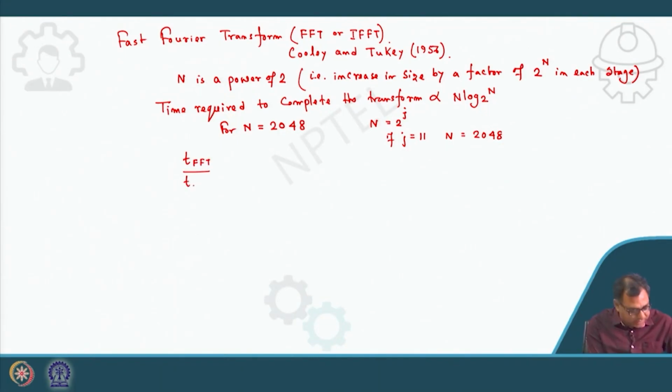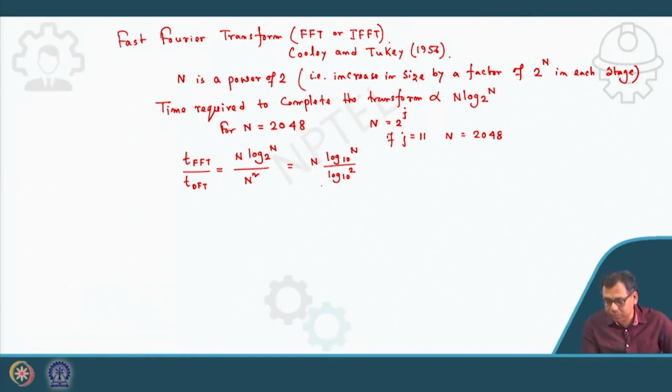So now we can write, this is proportional to n log 2n and this is proportional to n square, or I can write this as n log 10 n divided by log 10 2, and this is n square.